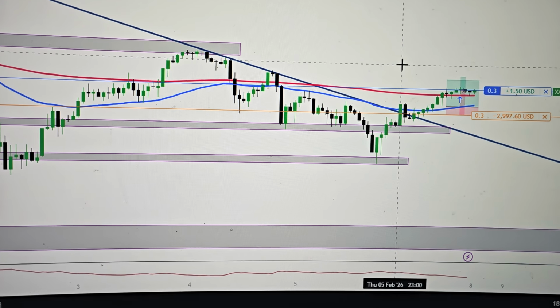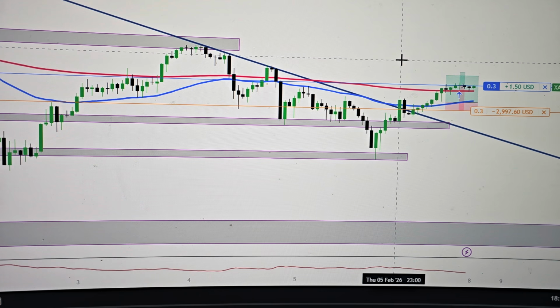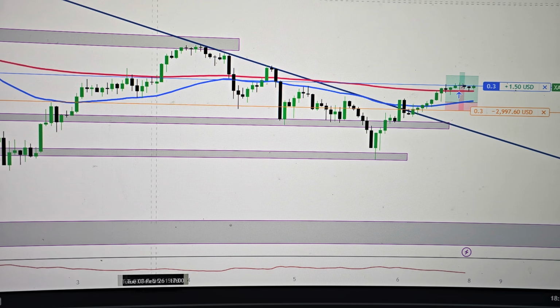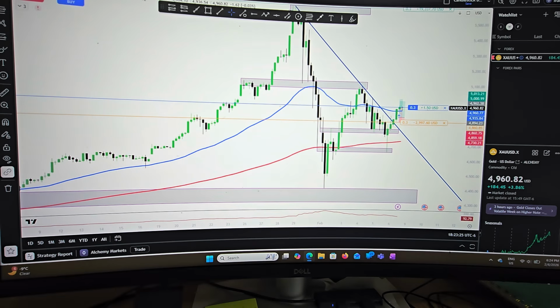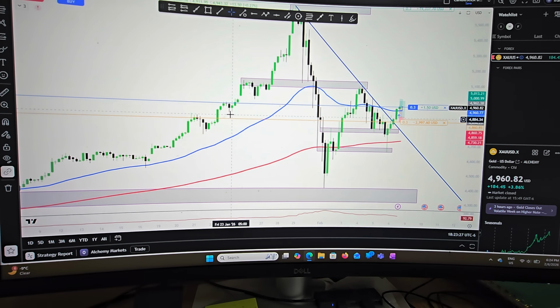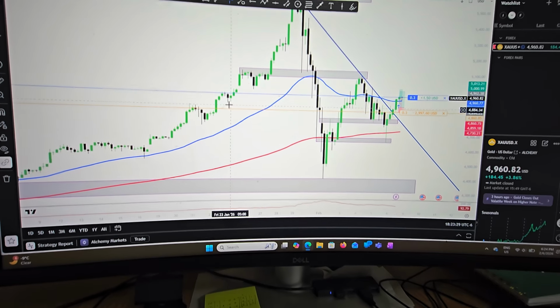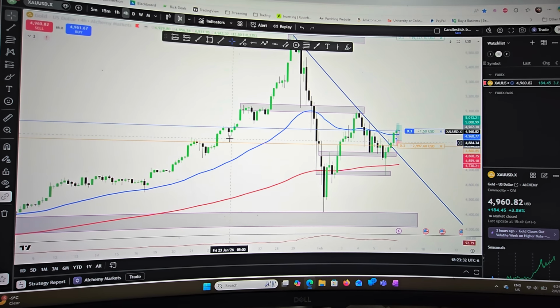Let me bring this down. Okay, that point is at Thursday 23 o'clock, that's 11 p.m. But in the 4-hour time frame, if I can zoom out again, okay.